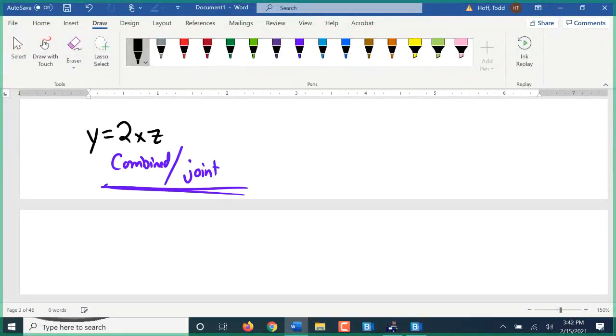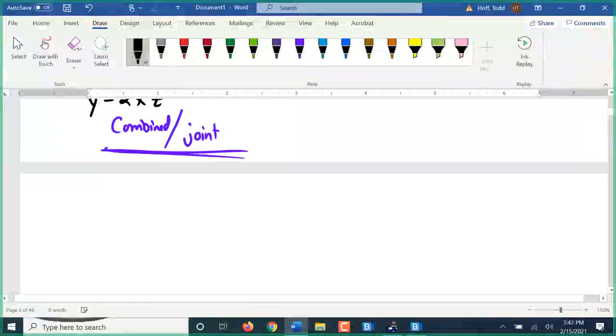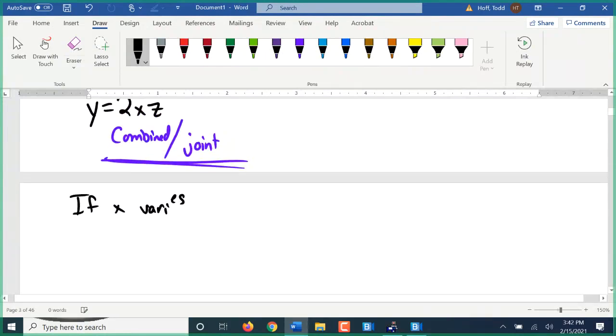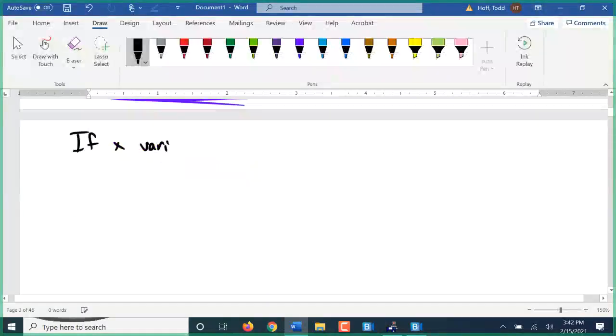There's both direct and inverse relationship. When there's 3 variables, you have to have both types of variation in it. Types of variation combined.